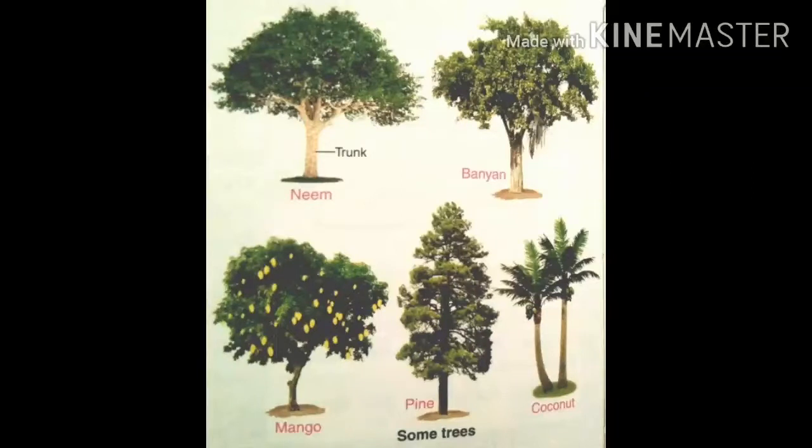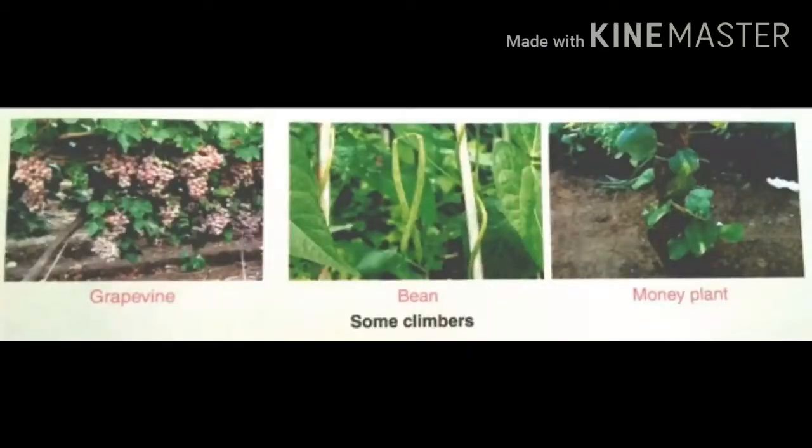The trunk gives out many branches. For example, neem, banyan, mango, pine and coconut. These all are trees.